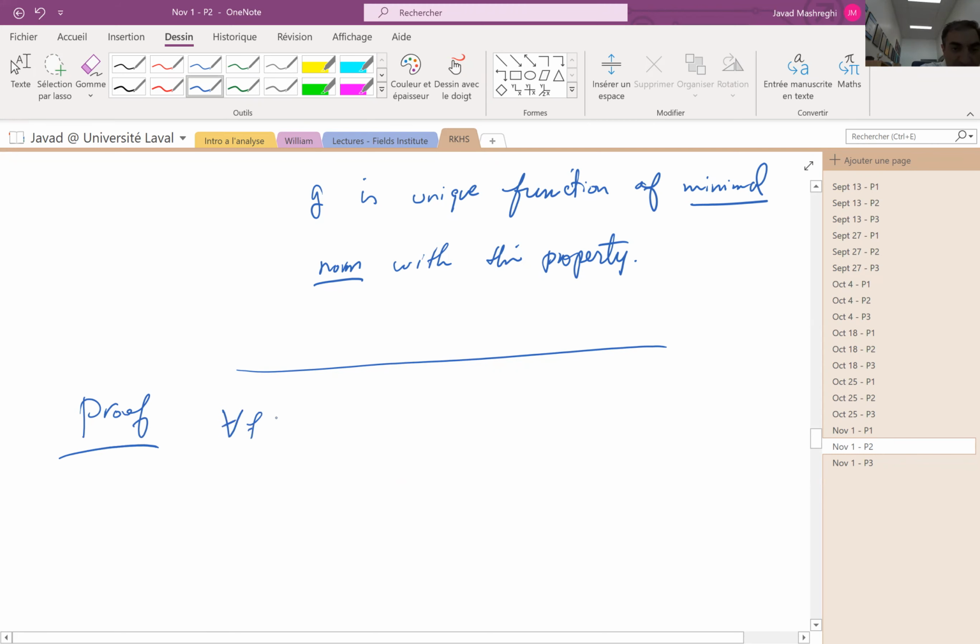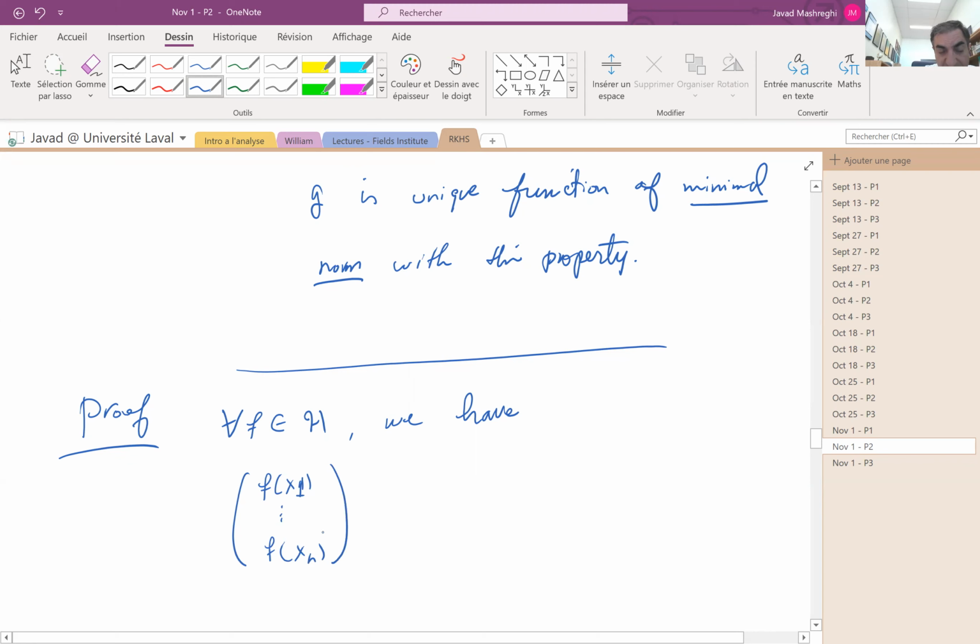Proof. For any f in H, we see that we have a vector (f(x1), up to f(xn)).